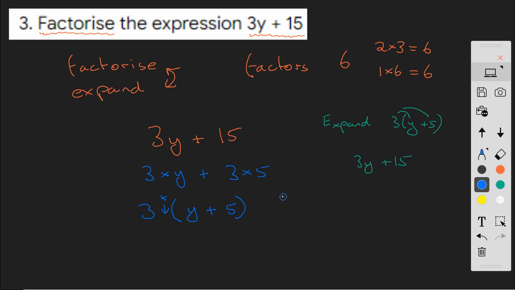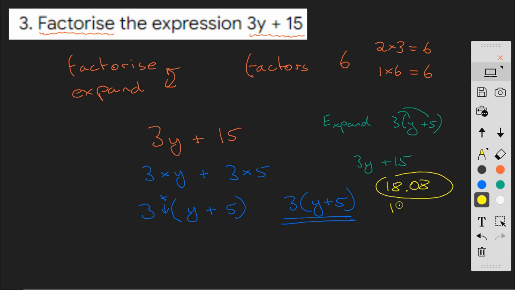But our answer here is 3y plus 5. Okay, so if you want to go and do a good nugget like this with some more examples like this, practice nugget 18.08. If you struggle a bit with that, maybe go back a step and try nugget 18.07.